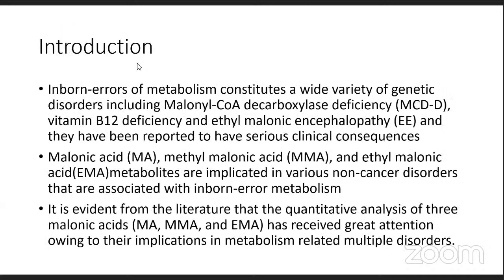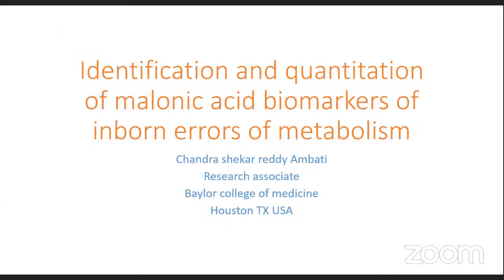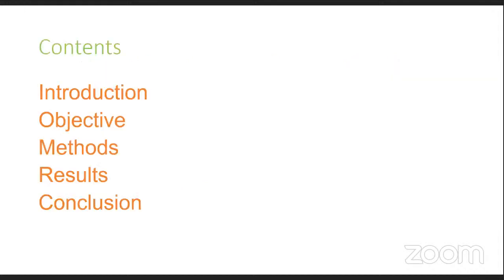So I would like to present a topic on the identification and quantitation of malonic acid biomarkers of inborn errors of metabolism. It is an analytical method that we developed by a derivatization procedure. The contents include the introduction, objective, methods, results, and conclusion.